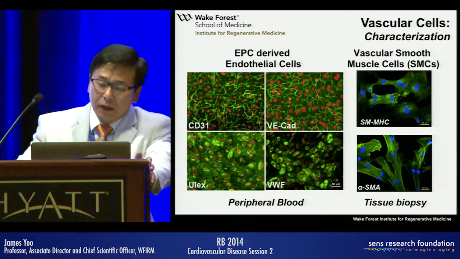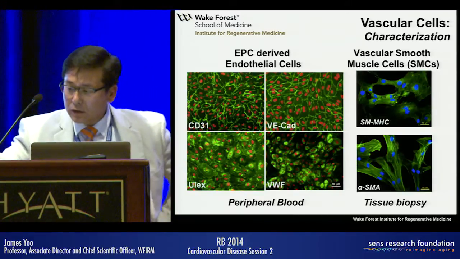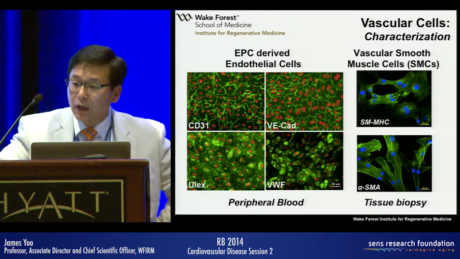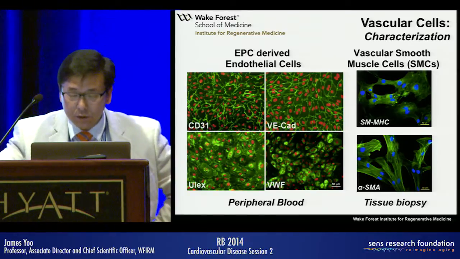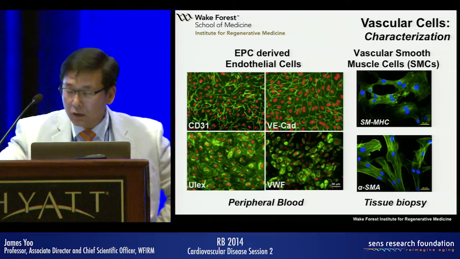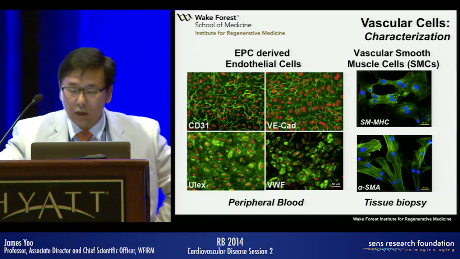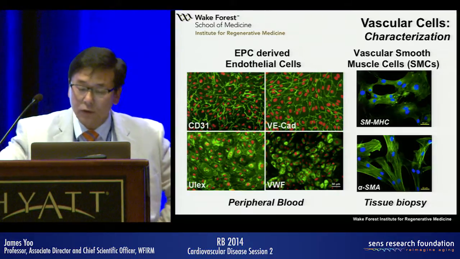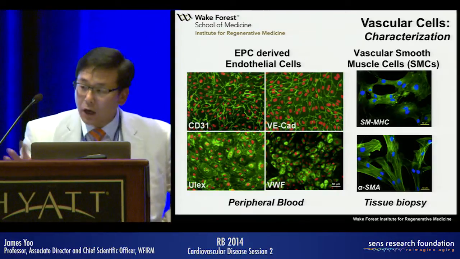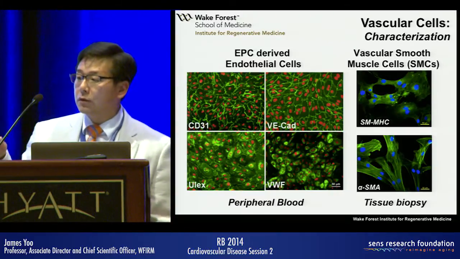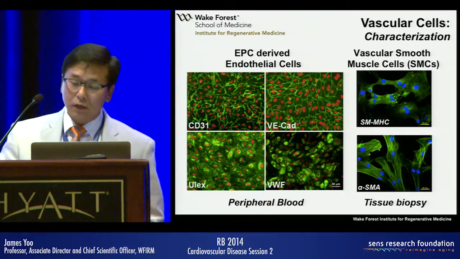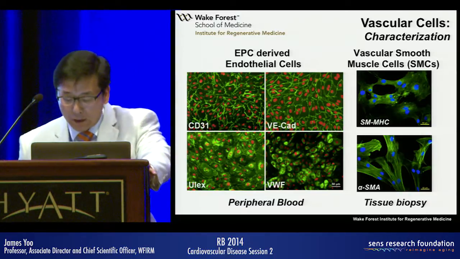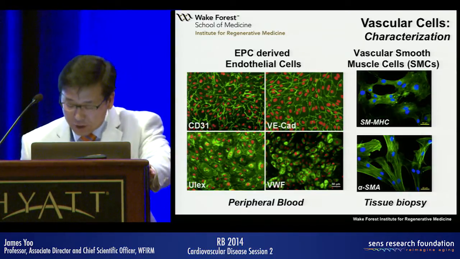Anyways, that system worked very well, and we were able to obtain and isolate endothelial progenitor cells, and we were also able to get smooth muscle cells from various sources, including a vessel itself or from stem cells. Either way, when you're trying to build a blood vessel, those cells have to be characterized and have consistent phenotypic and functional characteristics.